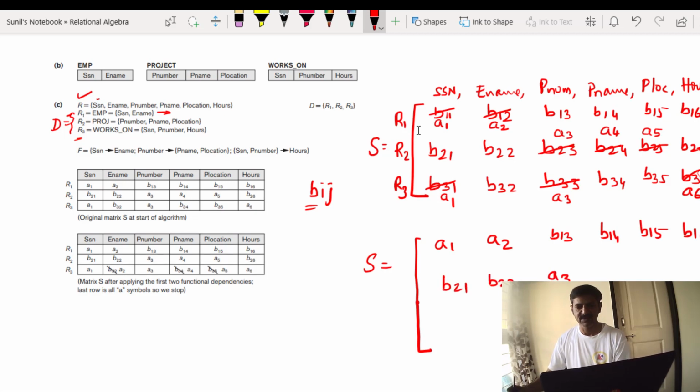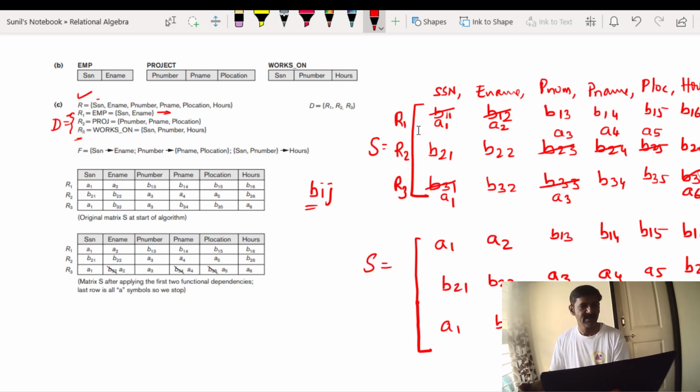Here it has changed, of course, A3, A4, A5, B26. The last row is A1, B32, A3 here, B34, B35, and A6. So application of step number 3 has resulted in some B's converted into A's.